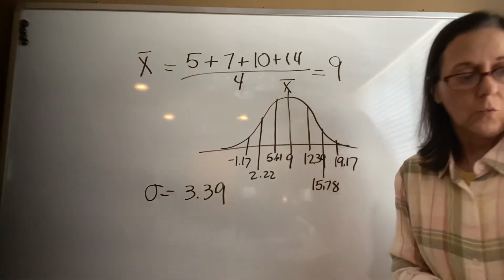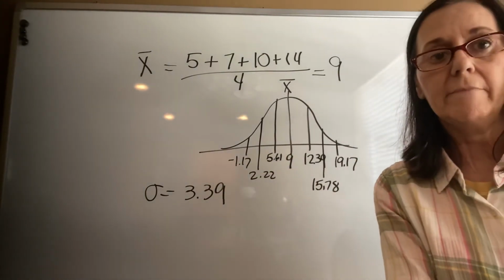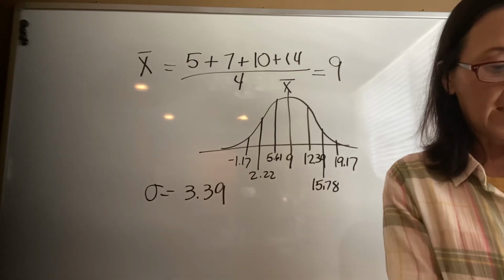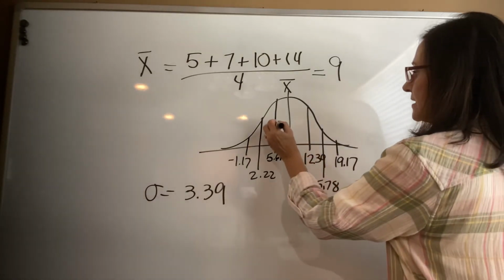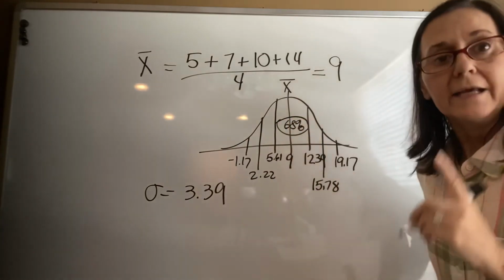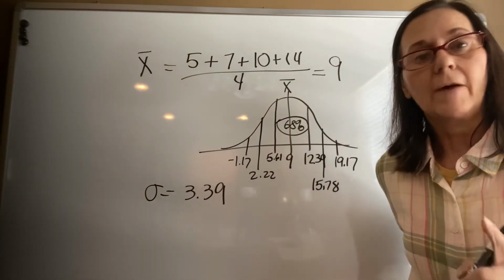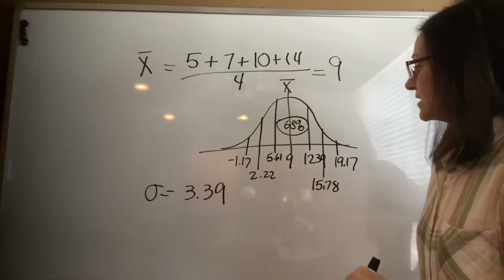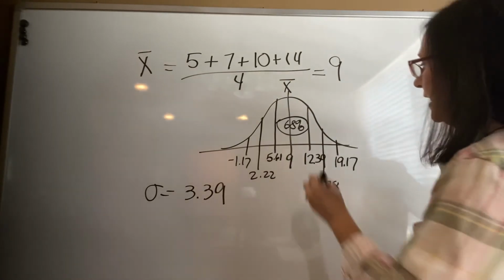All right, what can I know from this normal curve? I can know that 68% lies within 1 standard deviation from the mean. That's between 5.61 and 12.39.